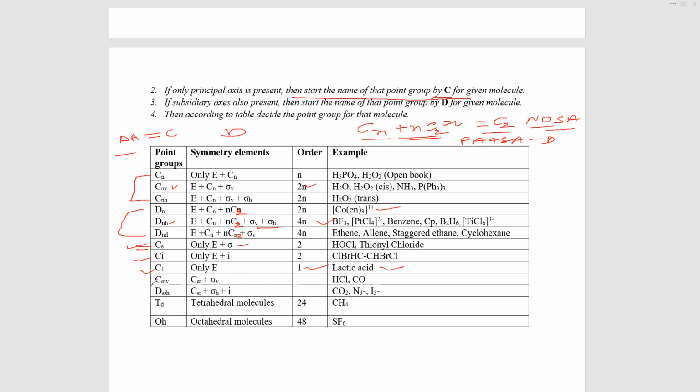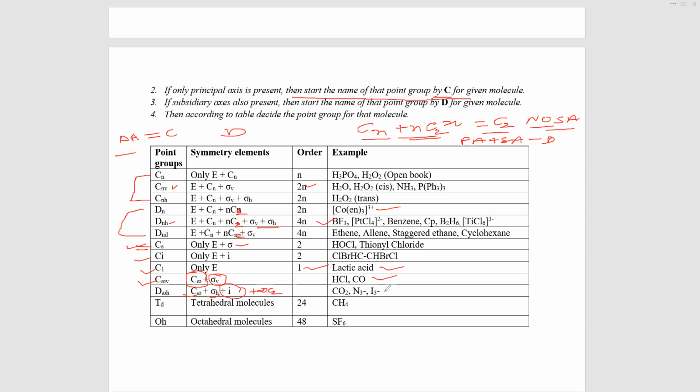This is very important. C infinity v means C infinity is present along with sigma v. HCl and CO, linear molecules, are examples; especially heteroatomic diatomic linear molecules. D infinity h: C infinity, sigma h, as well as i, and one more thing that was missed, n number of, meaning infinity, C2 present.